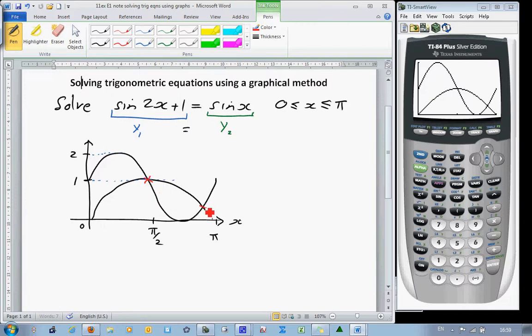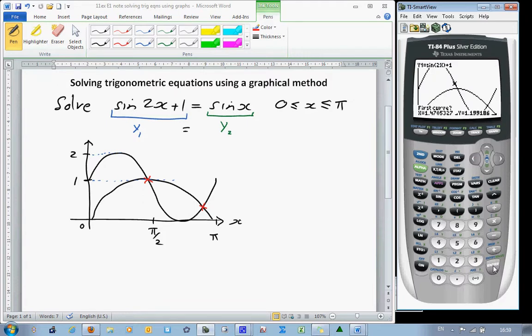And this is 1.570 and so on. So x equals 1.5707 and so on.